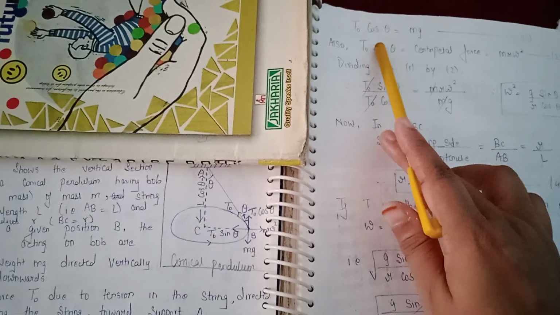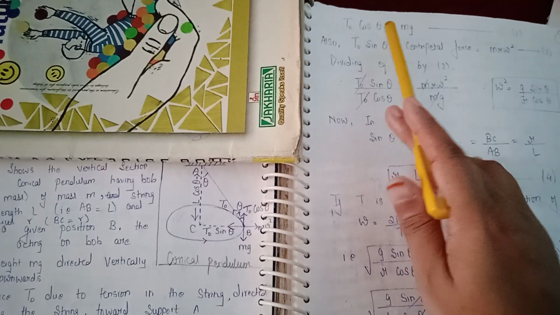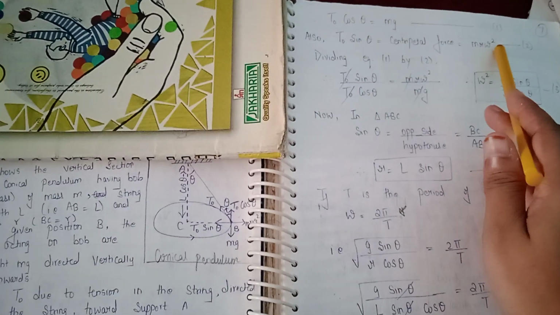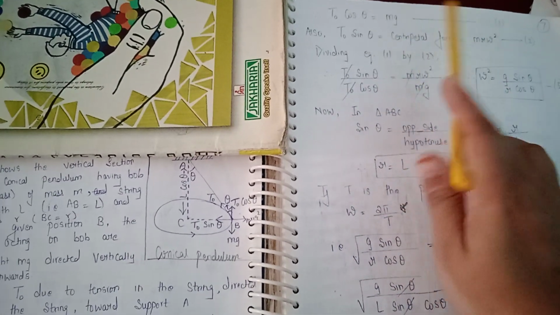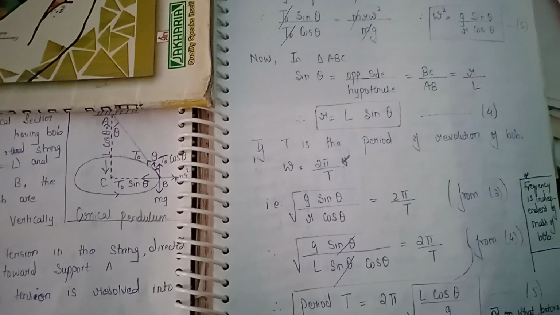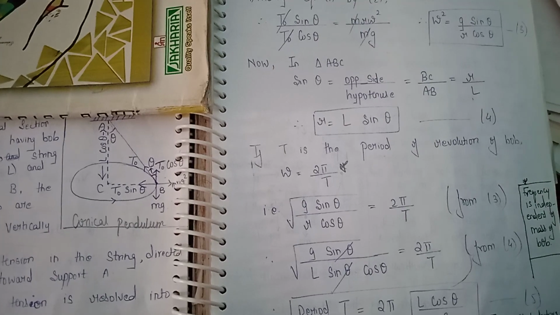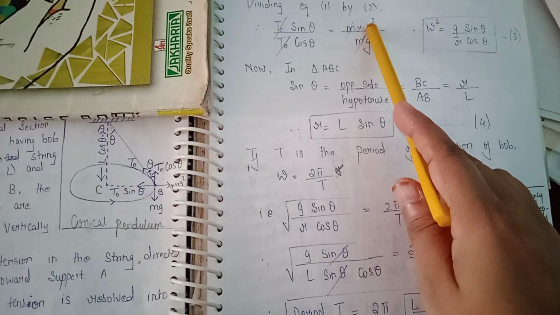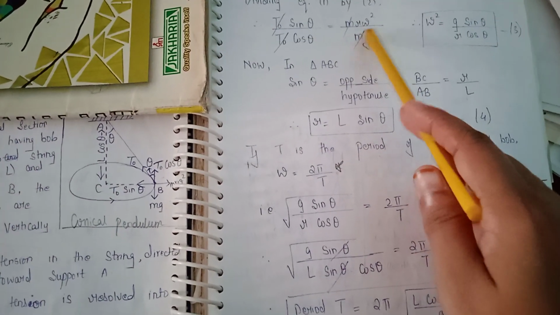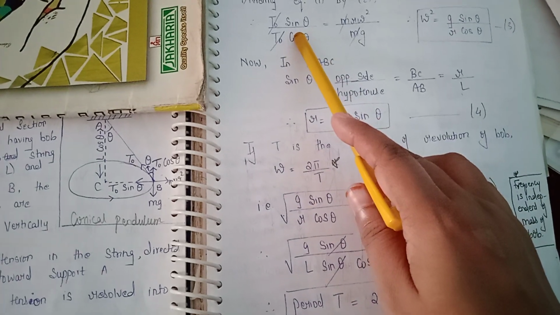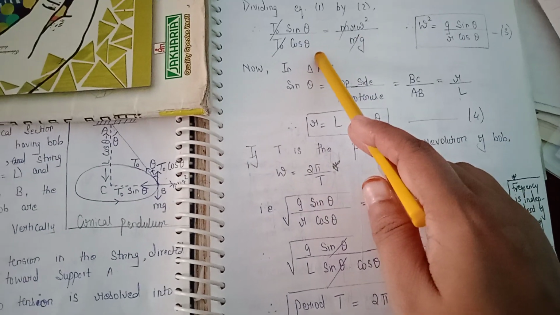So when you divide these two, T naught sin theta upon T naught cos theta is equal to m r omega square upon mg. So m will get cancelled, T naught will get cancelled, and you want omega, right? So omega square is equal to g sin theta upon r cos theta.